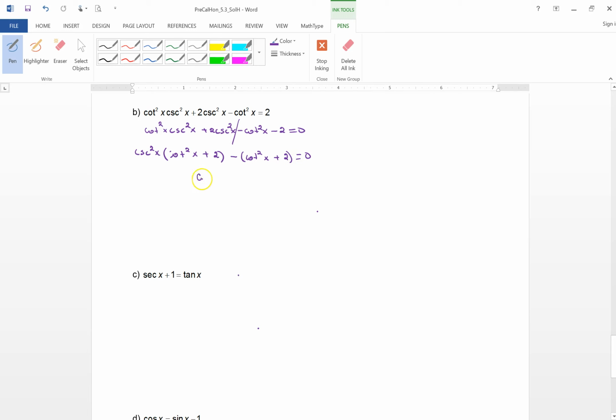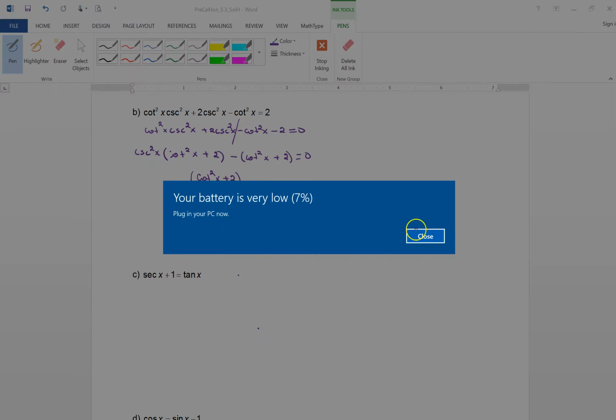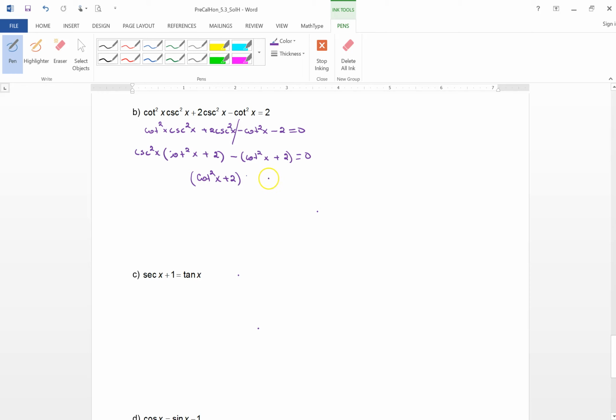Factor out the common term. Gives me cotangent squared x plus 2 times cosecant squared x minus 1 equals 0. Here I have cotangent squared x equals negative 2, but you can't square something and have it equal to a negative number, so I get no information from there. Cosecant squared x equals 1. Cosecant x equals plus or minus 1. So x is pi over 2, 3 pi over 2.